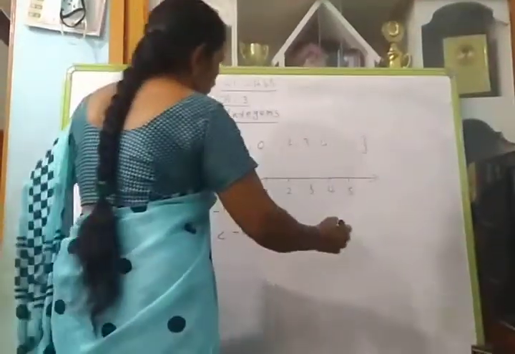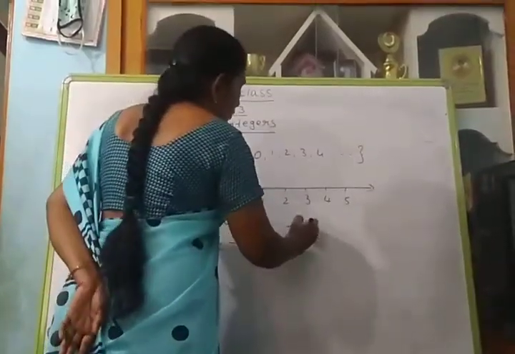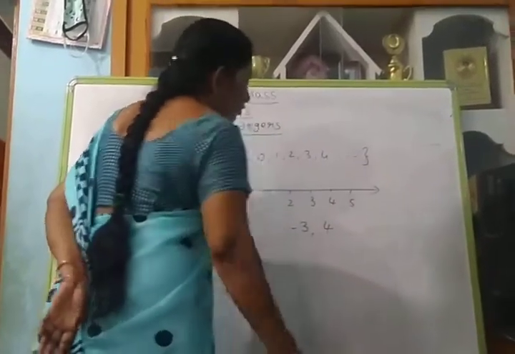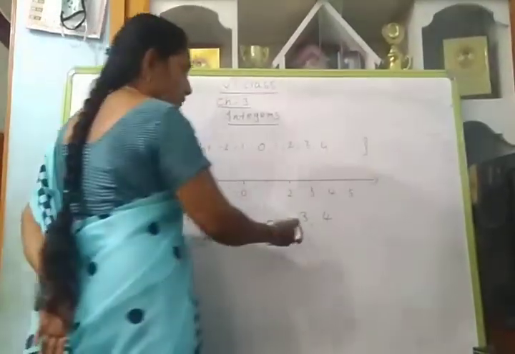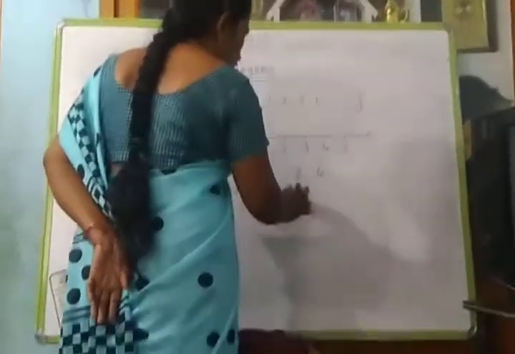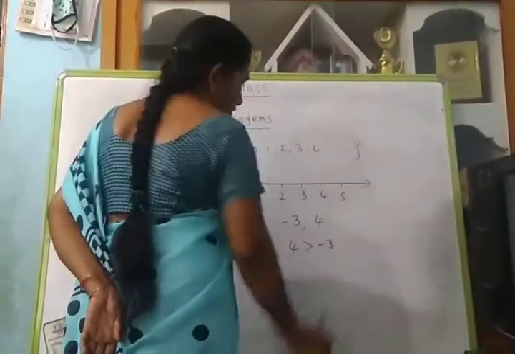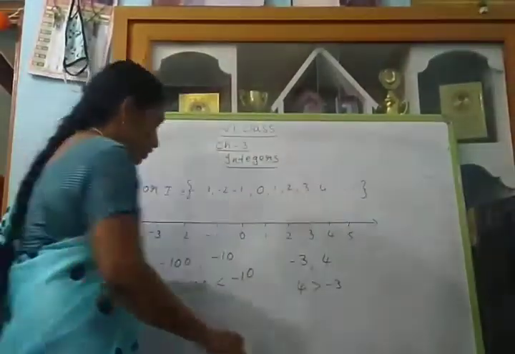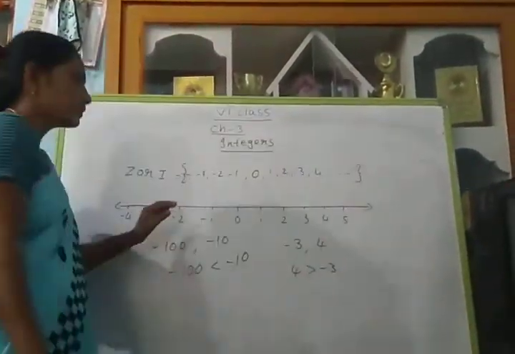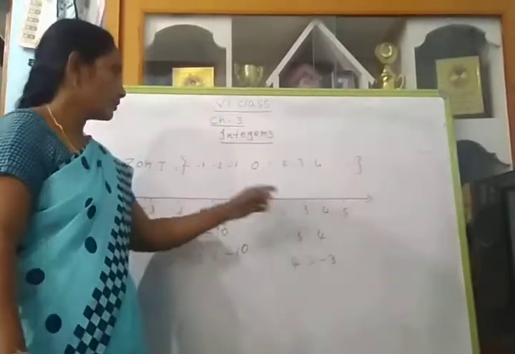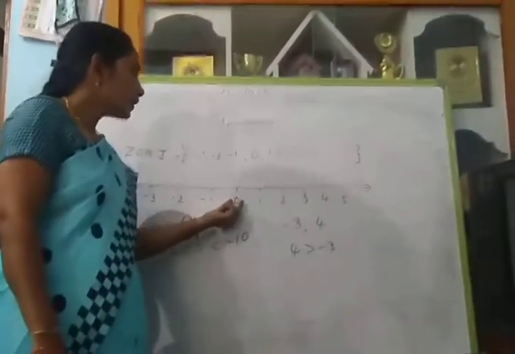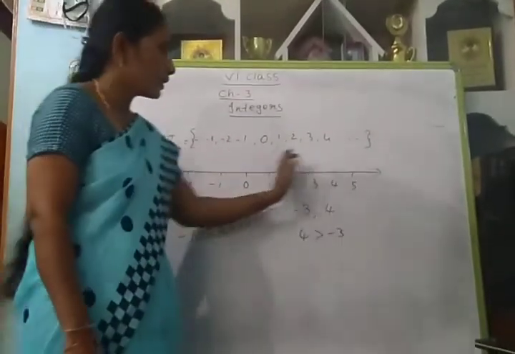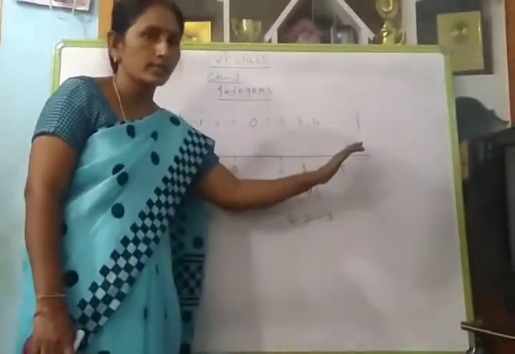For example, minus 3 and 4. Which is smaller? Minus 3. Which is greater? 4. 4 is greater than minus 3. Remember children, negative numbers are always less than positive numbers. So 0 is in the middle of the number line, and when we move right, the value is increasing.